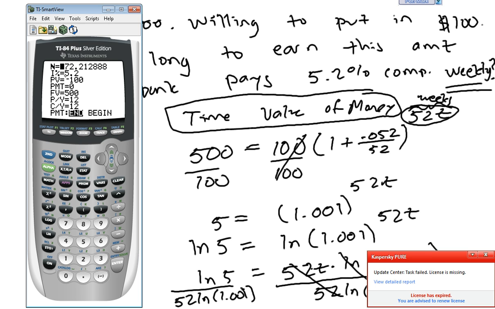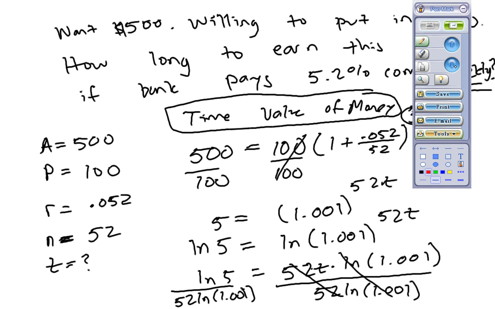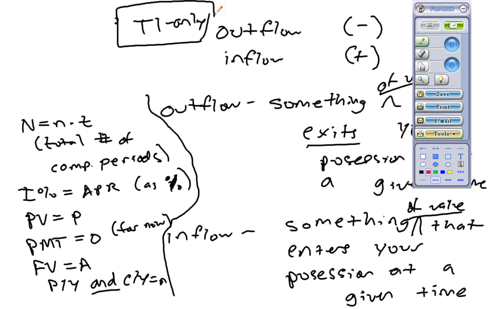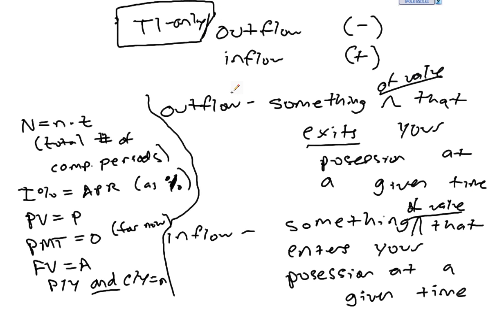So in here, you'll notice we have a few elements. Now, first of all, I'll go through a couple of things. This concept here only applies for the TI calculator only. So we have two types of financial transactions. We have an outflow, which is indicated by a negative sign, and an inflow, which is indicated by a positive sign. So our calculator needs to see each of these.